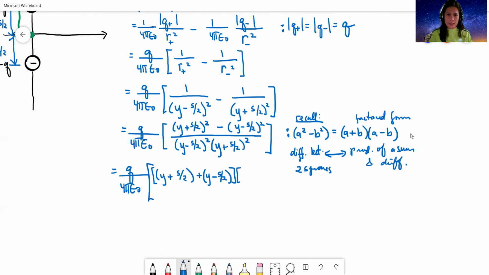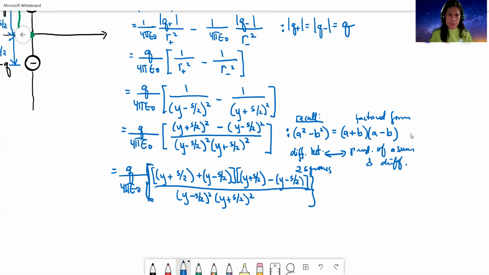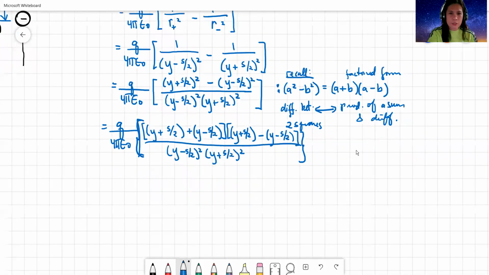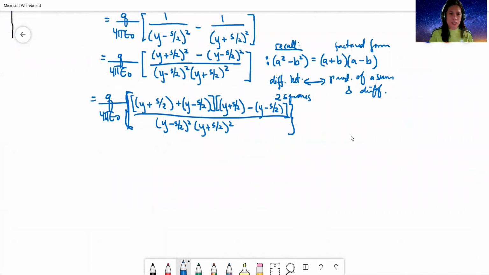And then times, you have y plus s over 2 minus y minus s over 2, all over (y - s/2)² (y + s/2)². This should be a bracket, a curly brace. Then we can simplify the numerator on top.